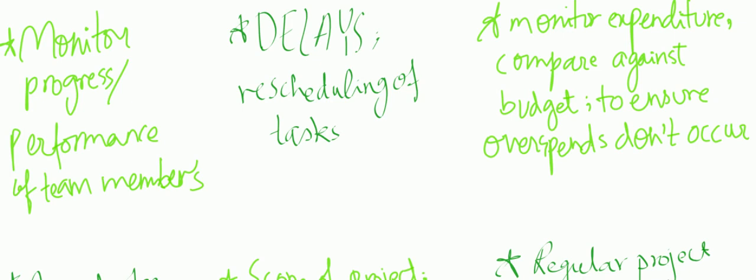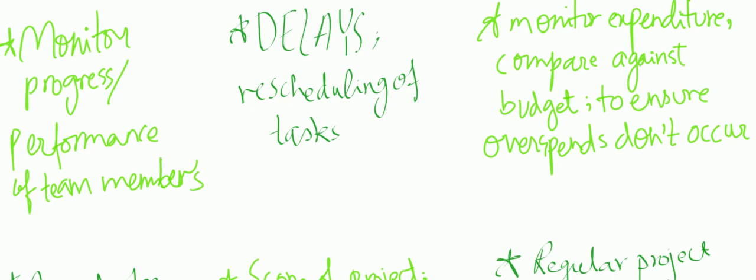You need to compare how much you're actually spending with your pre-planned budget, and that is to ensure that you're not overspending. And if you are, then you have to see where you can cut some money and where you can save some money, and you have to identify the most important areas where you actually need to spend.